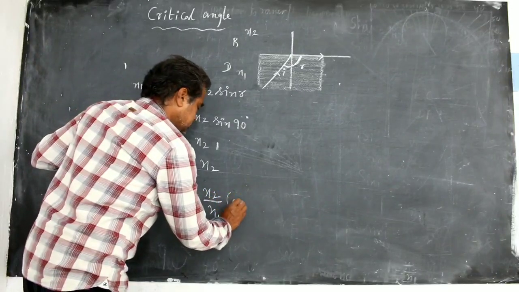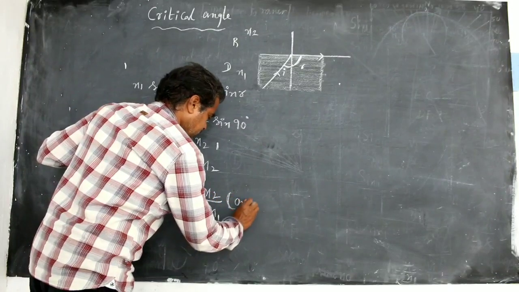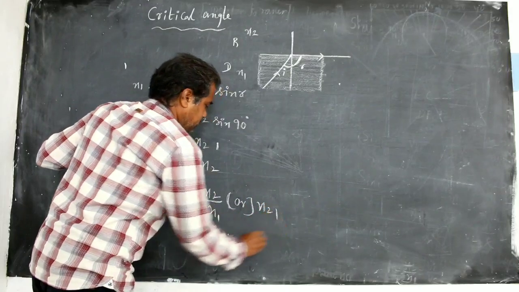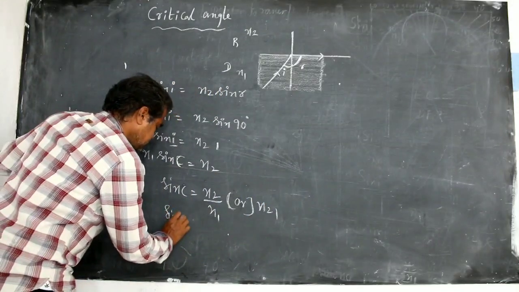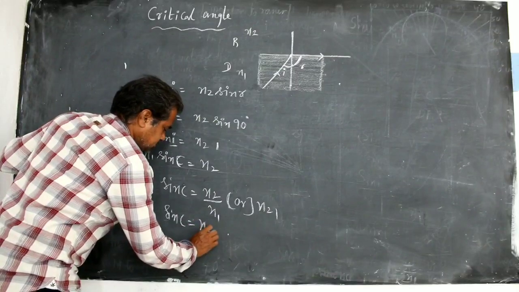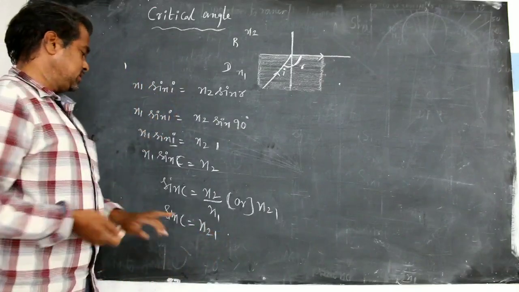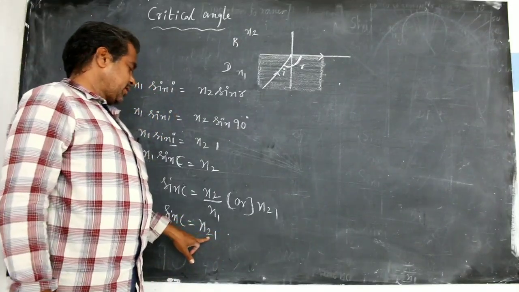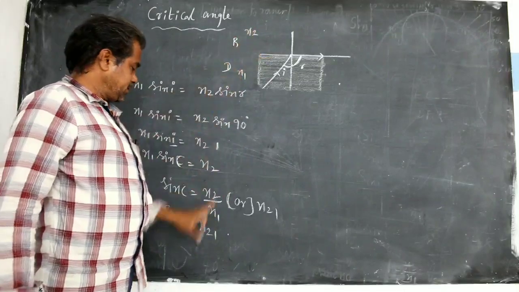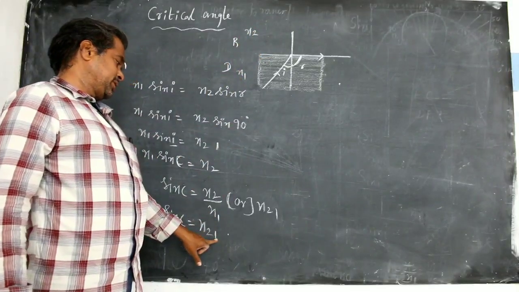It can be written as N21. So sin C is equals to N21. N21 means relative refractive index of the second medium with respect to the first medium.